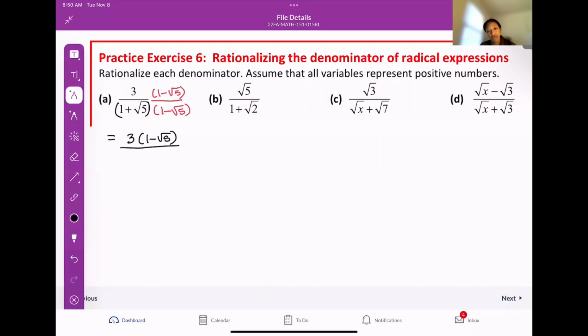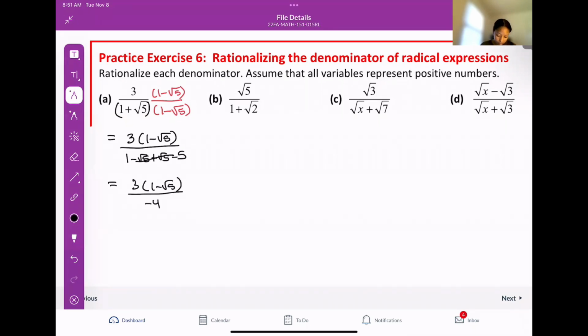I'm going to FOIL this all the way out just one time, but you'll notice that it's just going to simplify to 1 squared minus the square root of 5 squared. So this would be 1 minus root 5 plus root 5, and then minus root 5 times root 5 is 5. So we get 3 times 1 minus root 5 over 1 minus 5, negative 4.